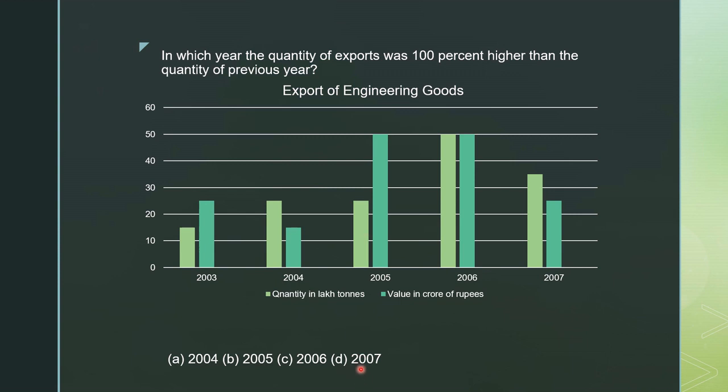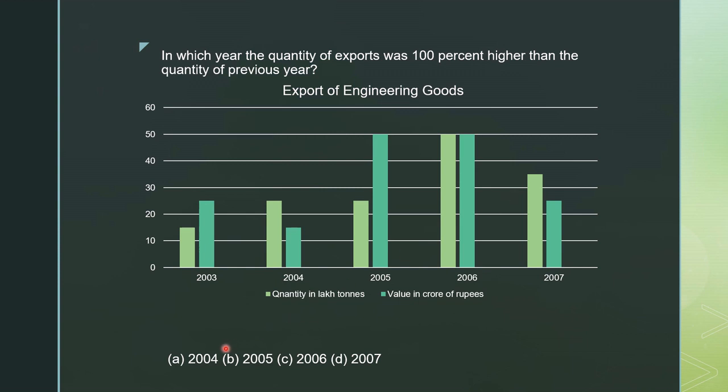Next option, option D, 2007. When we consider 2007, we have to consider 2006 also. So in 2007 the quantity of engineering goods is 35, and in 2006 it was 50. So it was the decreasing value, not the increasing value. So we can skip this option.